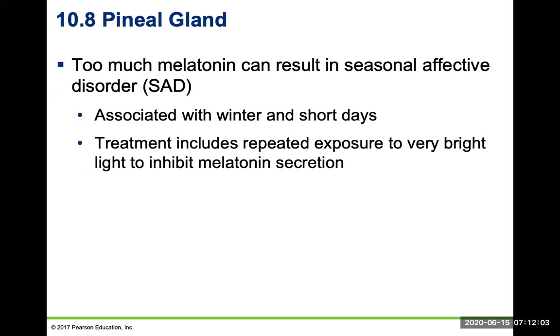Too much melatonin can result in seasonal affective disorder, and this can be associated with winter and short days. Treatment includes repeated exposure to very bright light to inhibit melatonin secretion. This is a common disorder in the upper northern states of the United States, and also Alaska, where people do get this disorder.